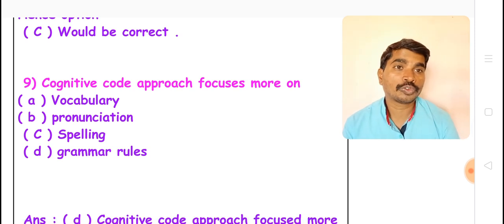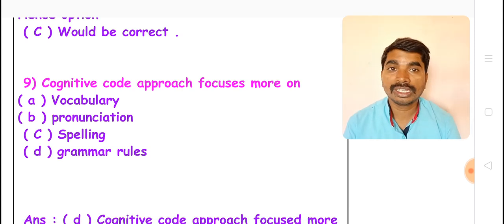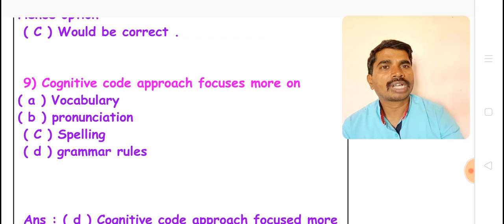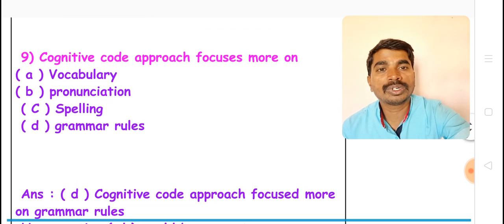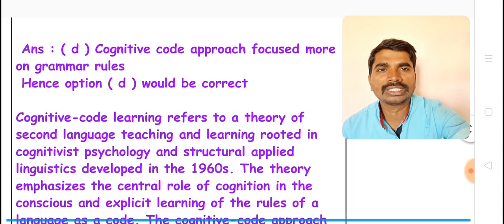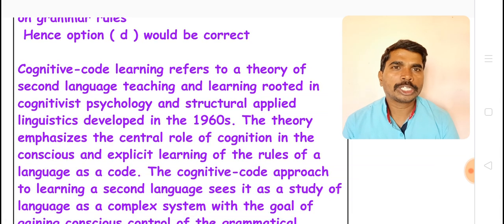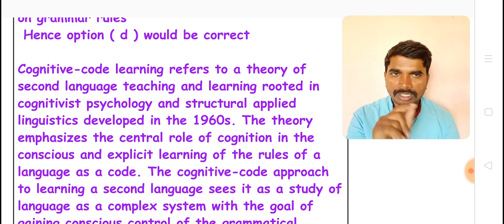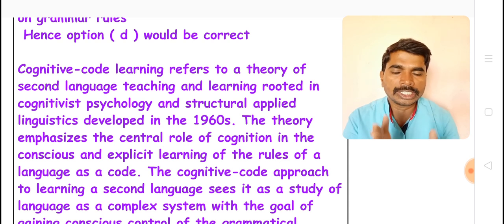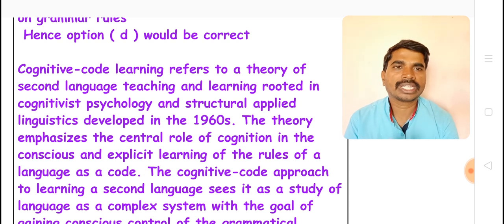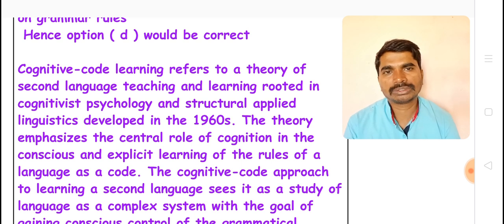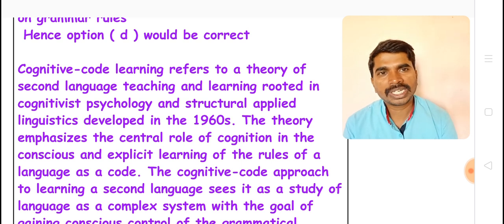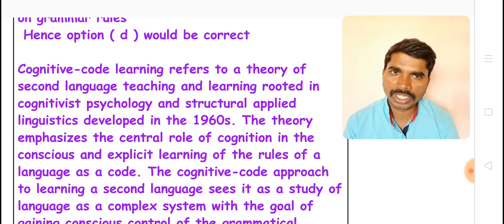The cognitive code approach focuses more on vocabulary, pronunciation, spelling, grammar rules. So here the cognitive code approach focuses on grammar rules. Let's learn what cognitive code is. Cognitive code learning refers to a theory of second language teaching and learning rooted in cognitivist psychology which developed in 1960. The theory emphasizes the central role of cognition in the conscious and explicit learning of the rules of the language as a code.